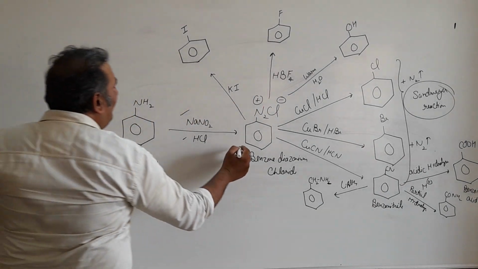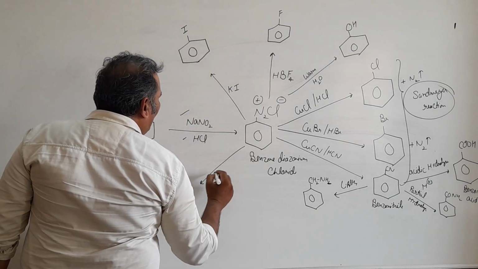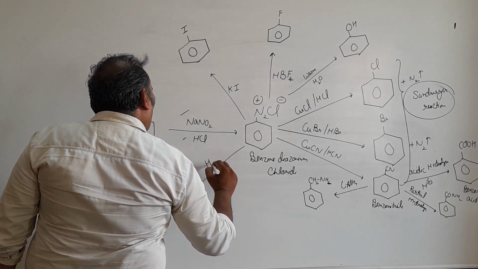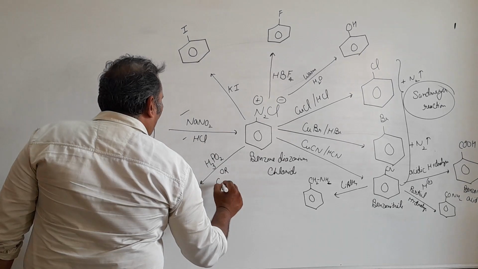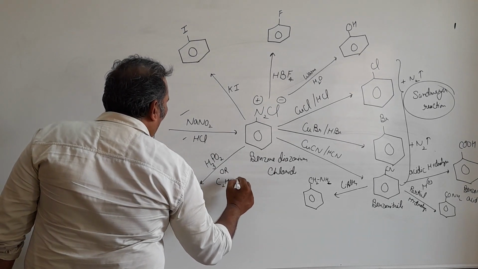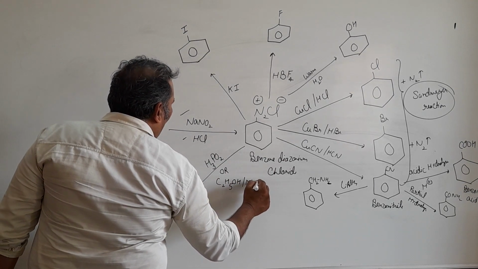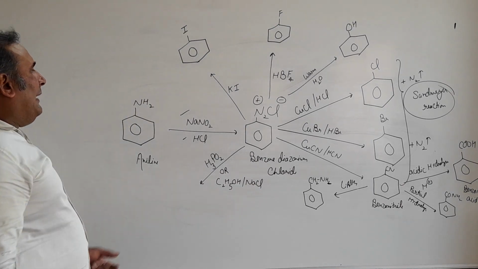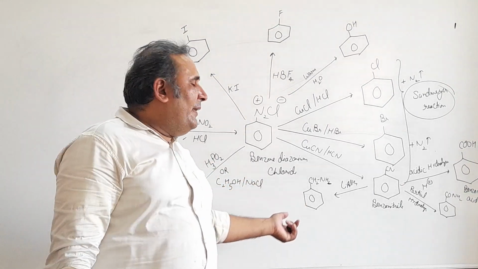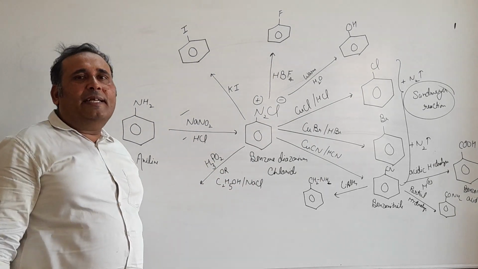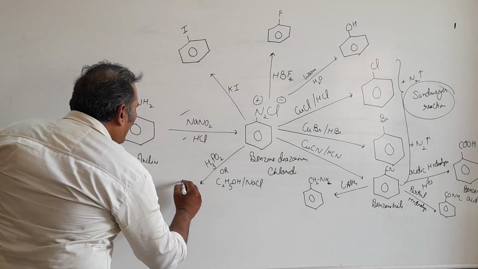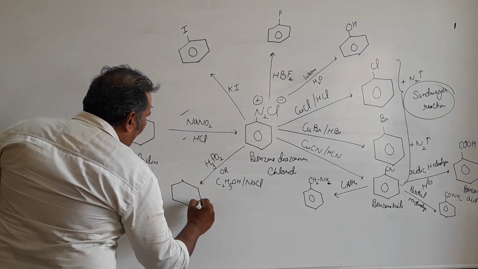And if we treat benzene diazonium chloride with either H3PO2 or ethanol plus NaCl, then we will get benzene.